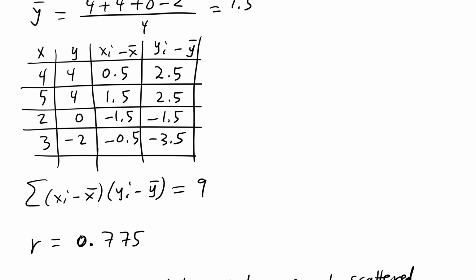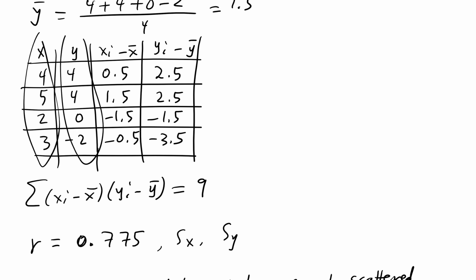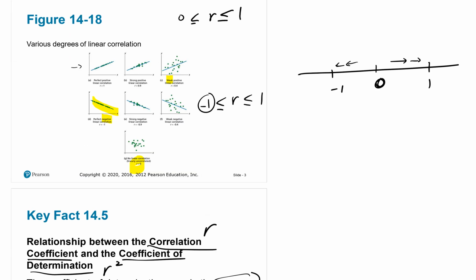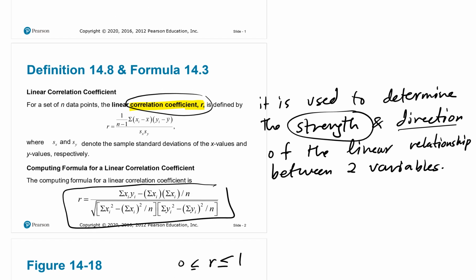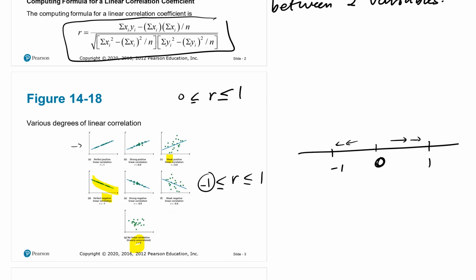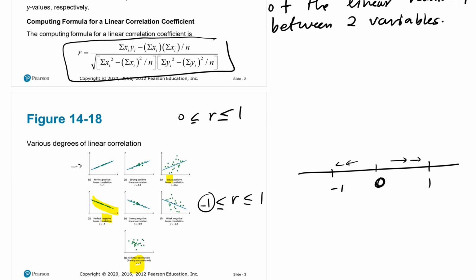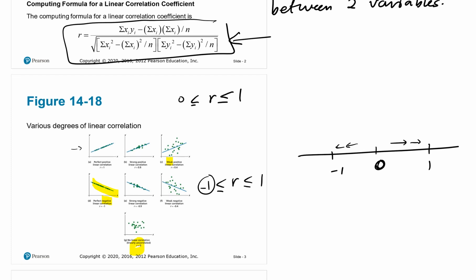But if you'd like to do it computationally, you need to find the standard deviations Sx and Sy for each of them and use the first formula I showed you. You know the bottom ones; we just found this to be 9, and n is the sample size, and then you can find R. Otherwise, if they want you to calculate using this formula, they would give you the sum of xi, the sum of xi yi, the sum of yi, and the squares of each of them.